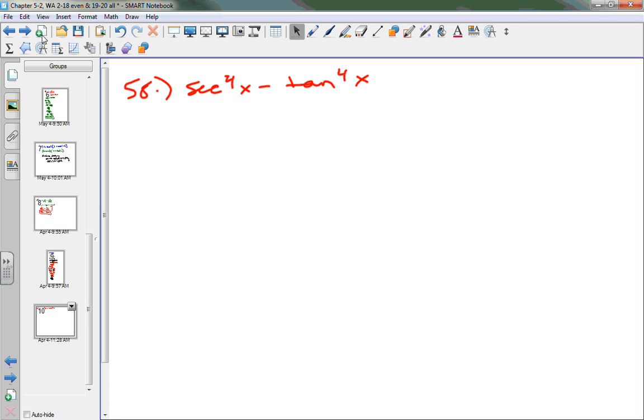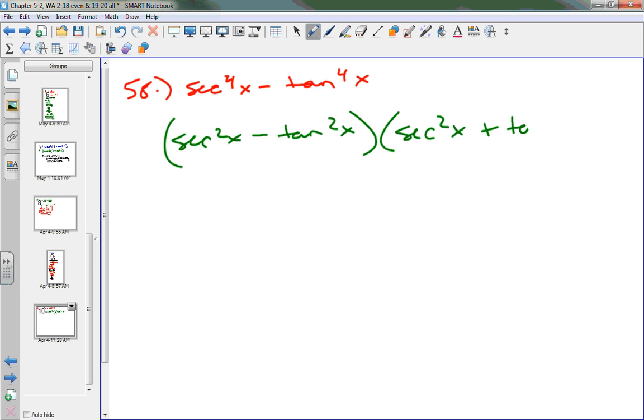Immediately whenever I see this problem, I say two binomials, and that's not going to get anywhere. Secant squared of x minus tangent squared of x times secant squared of x plus tangent squared of x. What's secant squared?